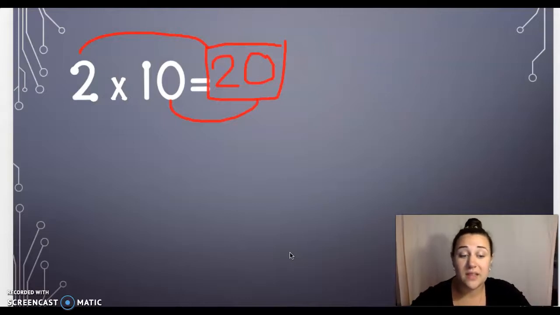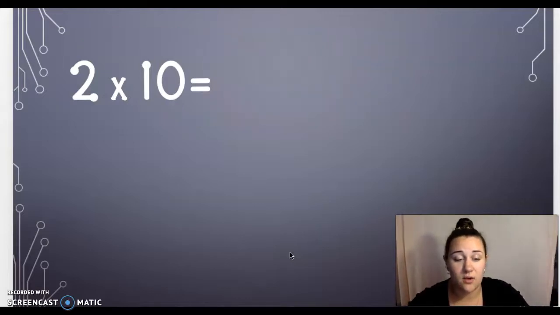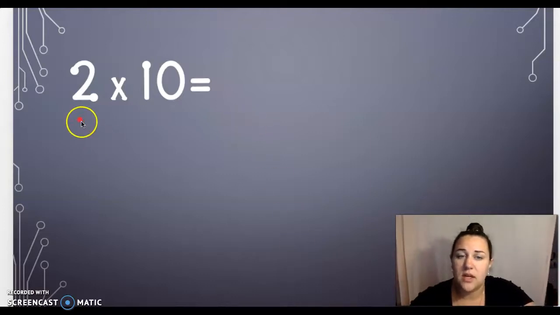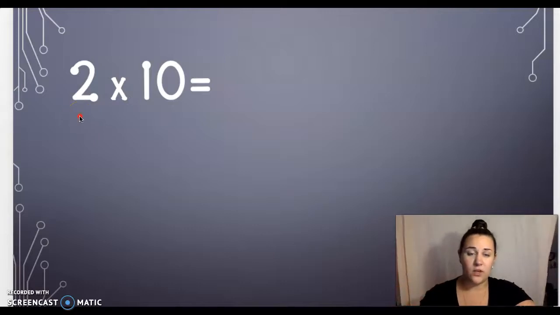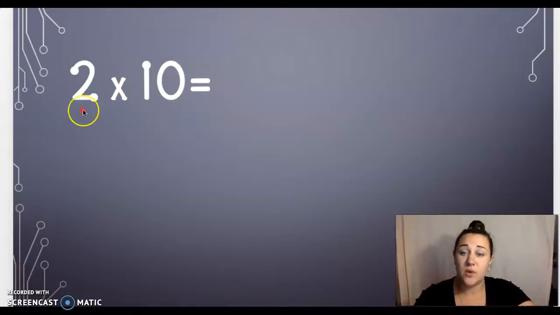It's super easy. That's the trick. Now, if you don't believe me, you could say, Miss Drywa, I don't believe you whatsoever. Well, I'm going to prove it to you. If we do all the methods that we've been using, let's start with equal groups. My first number tells me how many groups I'm going to need to make. So 2. So I make 2 groups.